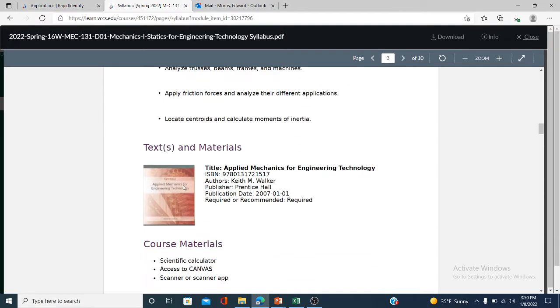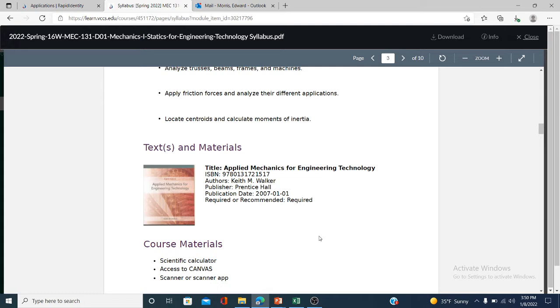Your textbook here, this is your textbook. It is in the bookstore, and if you want to purchase it, you can. It's an older book, so you might be able to rent it. So there are other ways of obtaining this book. But anyway, do your best to get this book if you can.